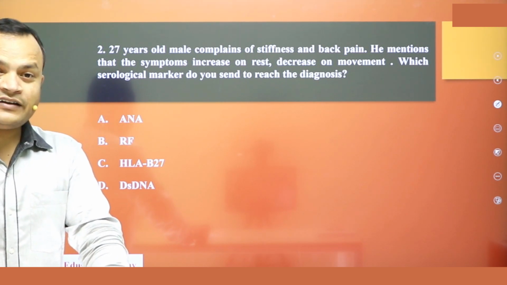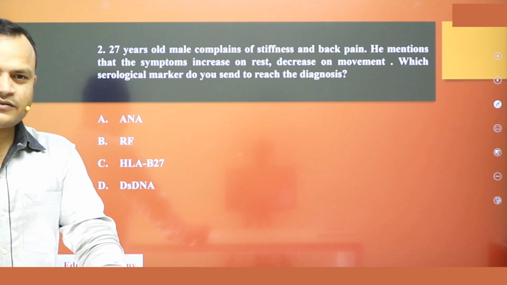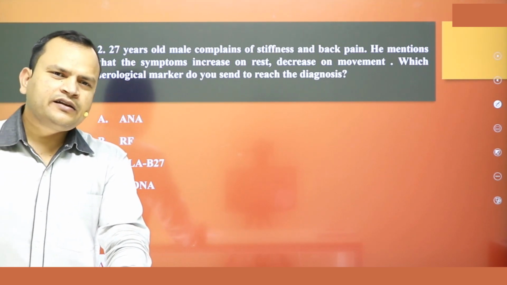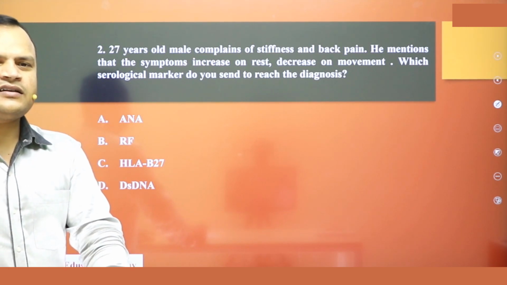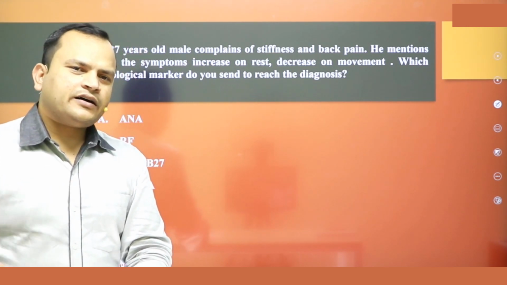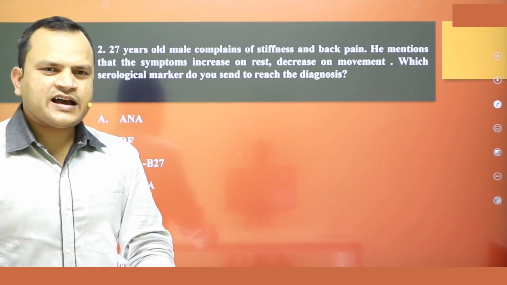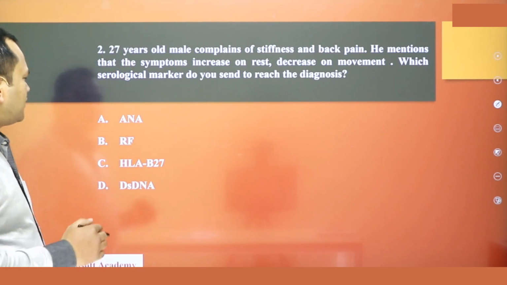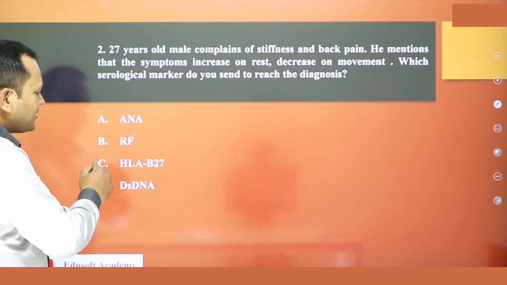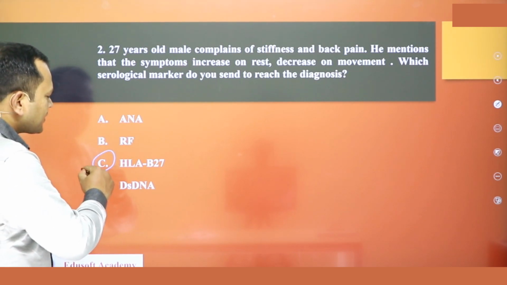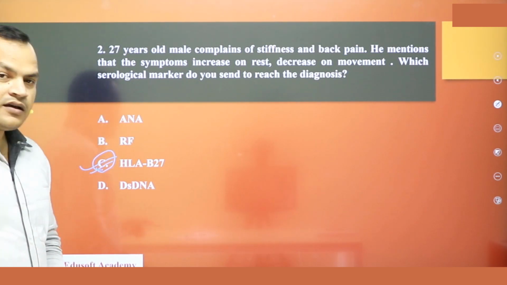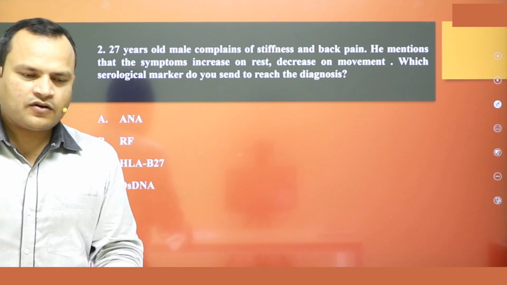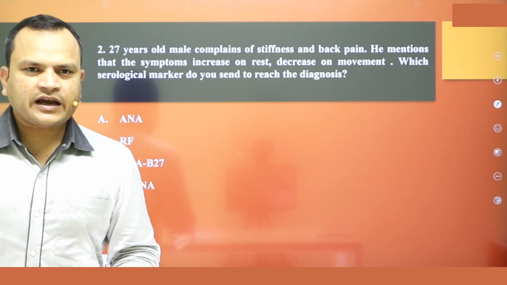It is not very sensitive, and it is not very specific even for rheumatoid arthritis. ANA and dsDNA are the tests specific for SLE and JIA. So, for this question, HLA-B27 is the most appropriate answer for making a diagnosis.